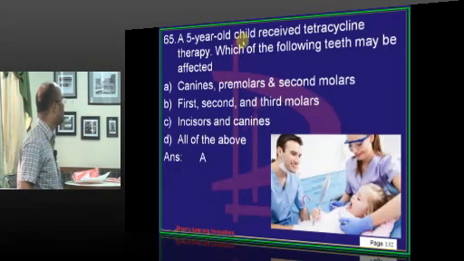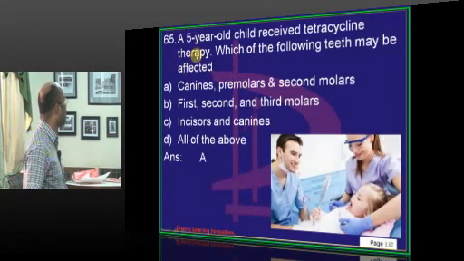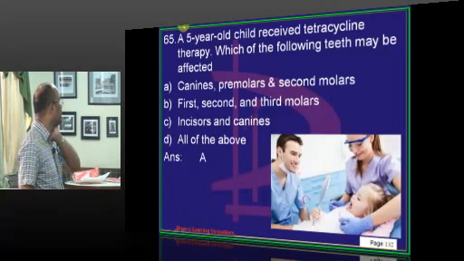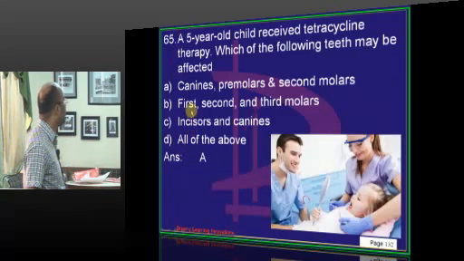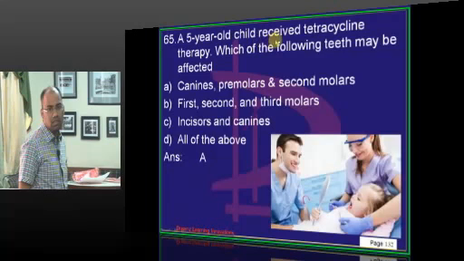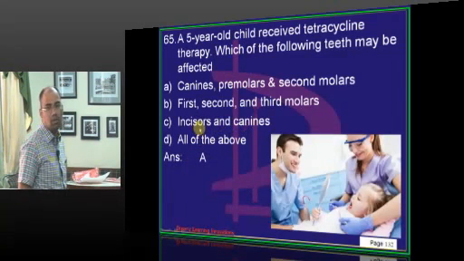A 5-year-old child received tetracycline therapy. Which of the following teeth are affected? A 5-year-old child, which are the teeth that are getting calcified? Now, if you see, it would be your canines, premolars and second molars also, because the calcification starts by then, isn't it? Definitely incisors and canines would have been over by then.